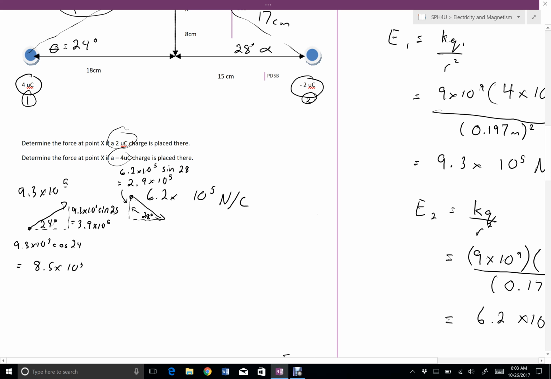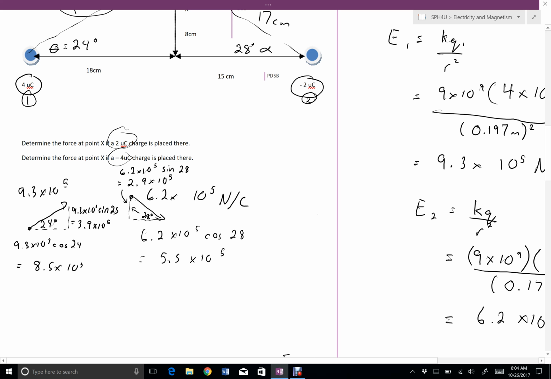And when I put that into my chart, I'm going to make sure I include him as a negative because he's going in the negative y direction, but I won't do that right now. And here I have 6.2 times 10 to the 5, and this is the cos for 28. And that's 5.5 times 10 to the 5. So we have all our components.